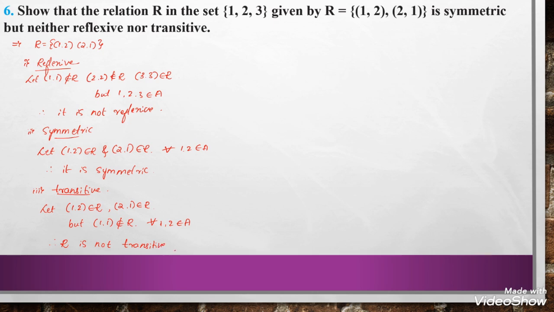Finally, therefore, R is symmetric but neither reflexive nor transitive. This is the proof of the given problem.